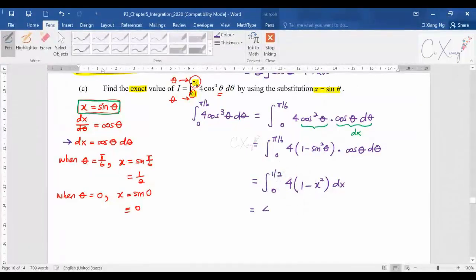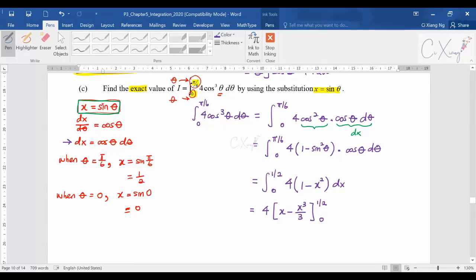4 is the constant, usually I prefer to take it out. 1, when you integrate, you get an x. x squared, when you integrate, you have x power 3 divided by 3. This is a simple integration only. The limit will be 1 over 2 and 0.